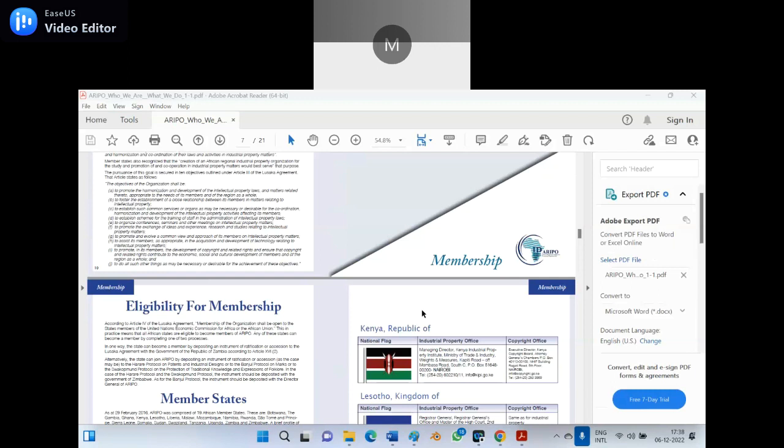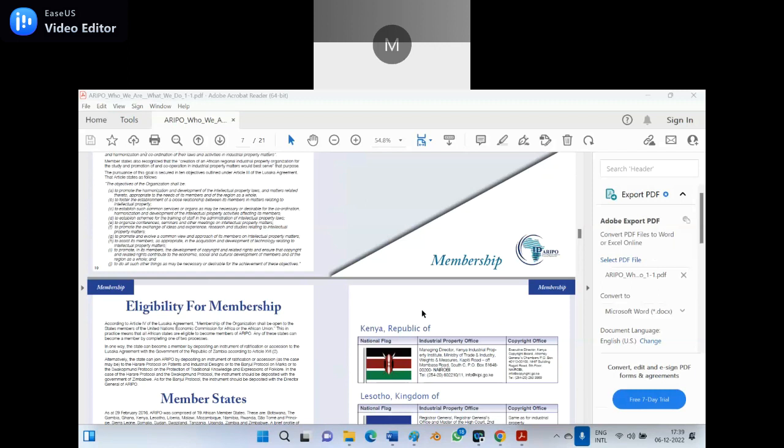The next point is to assist its members in the appropriate acquisition and development of technology relating to intellectual property matters. The next is to promote in its members the development of copyright and related rights and ensure that copyright and related rights contribute to the economic, social, and cultural development of members and of the region as a whole.